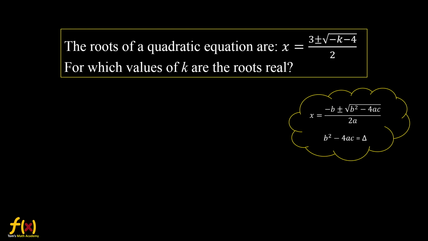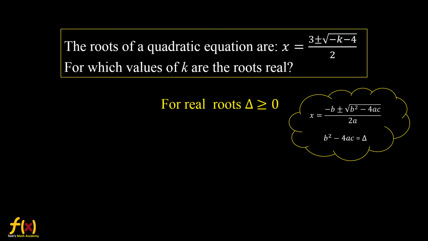So it resembles the formula minus b plus or minus square root of b square minus 4ac, the whole over 2a. Now inside the roots, we have b square minus 4ac. Okay, remember that. For which values of k are the roots real?